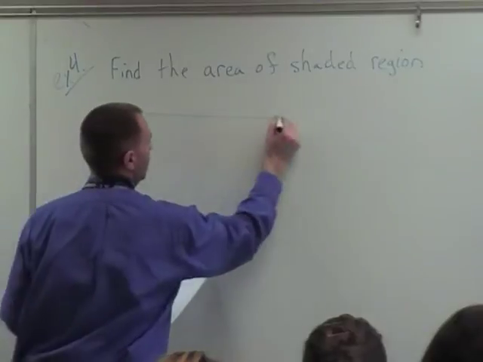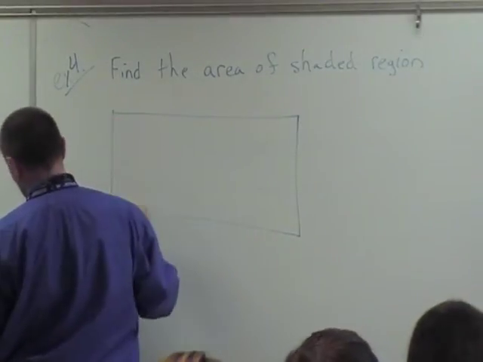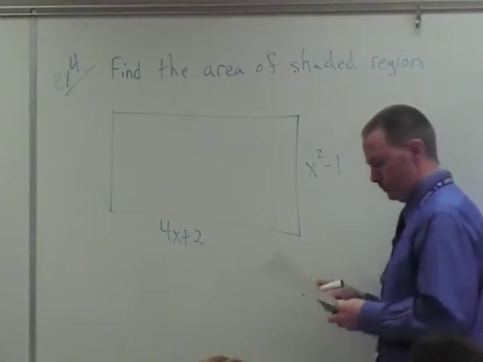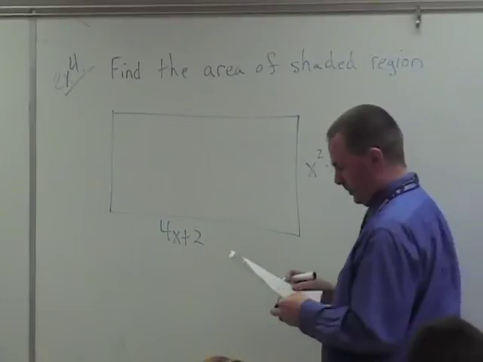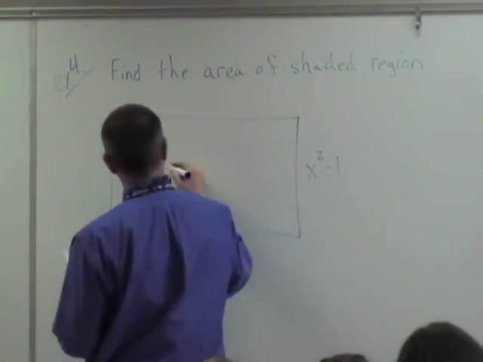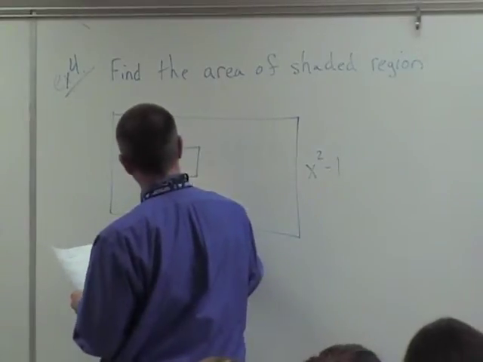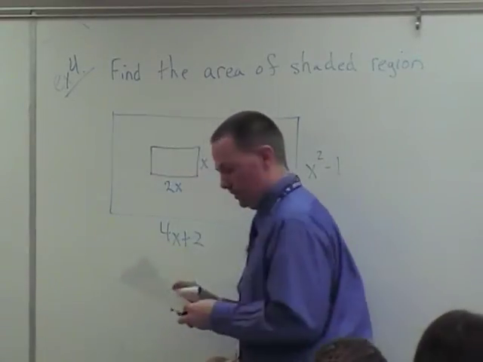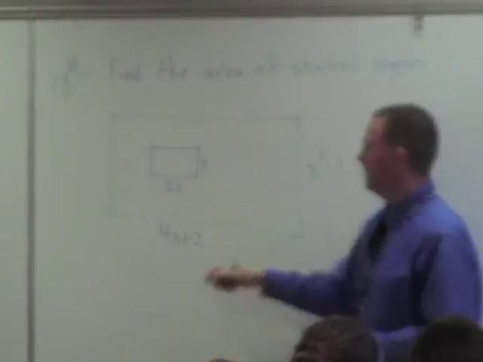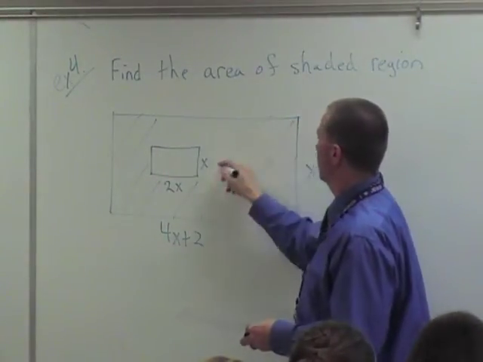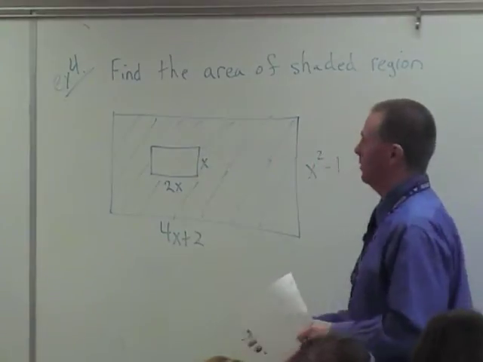So here it is. You have a big rectangle. It is 4x plus 2 by x squared minus 1. And there's this little rectangle inside. It is 2x by x. I want the shaded region.